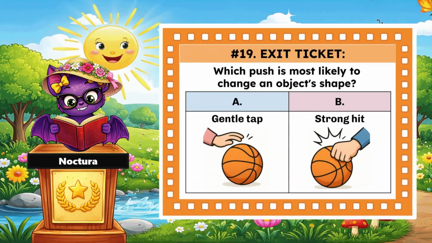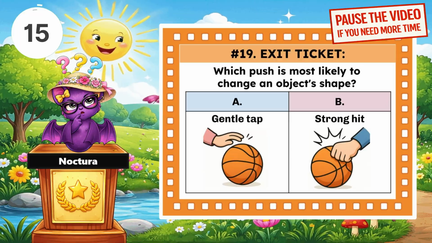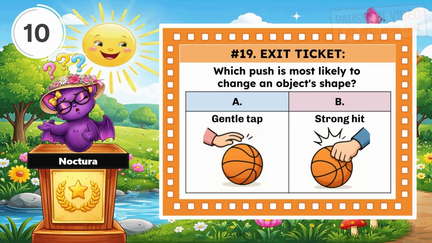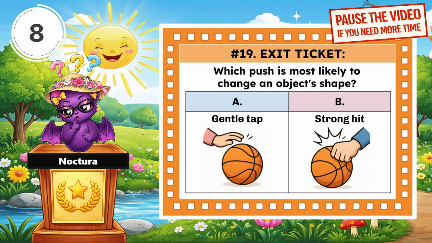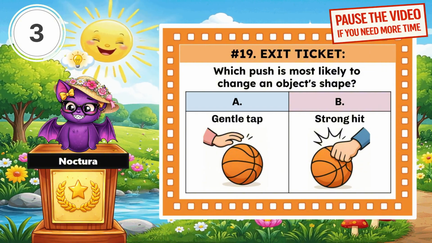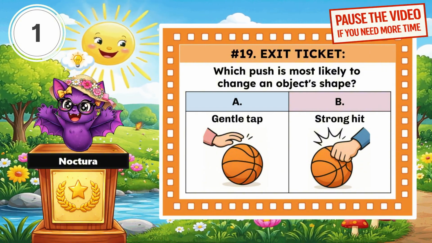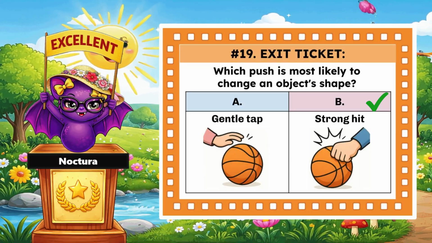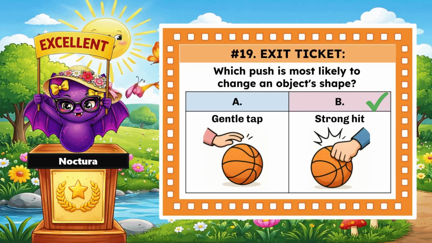Which push is most likely to change an object's shape? And the correct answer is letter B, strong hit.